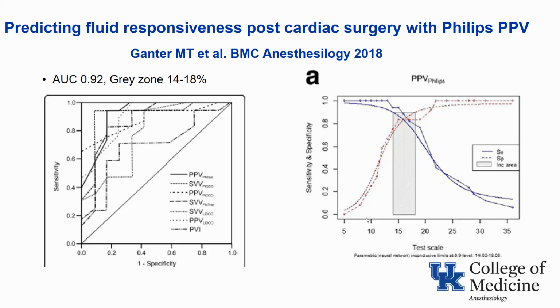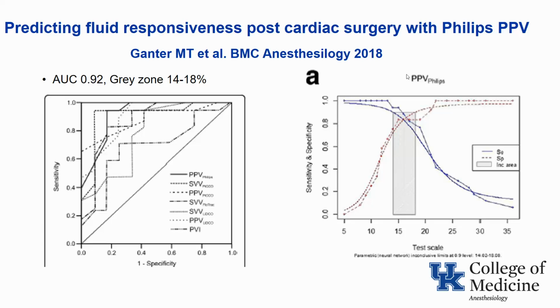Conversely, the sensitivity is poor at low values and gets better with high values. So the best zone is in this range here, a balance between sensitivity and specificity. And as indicated in their data, it's quite wide and relatively high, somewhere around 14 to 17%.